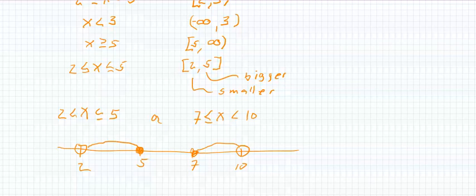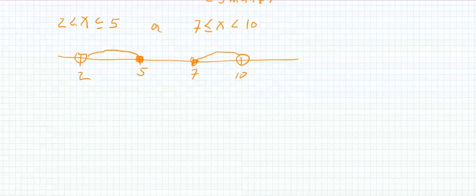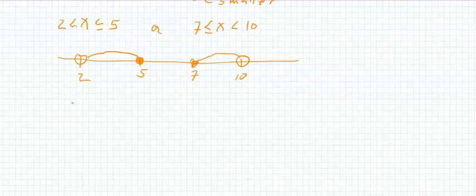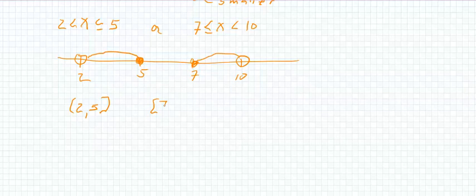The notation that we would use for this is parenthesis 2, comma, 5 bracket, union, bracket 7, comma, 10 with a parenthesis, with a big capital U. This means the union.